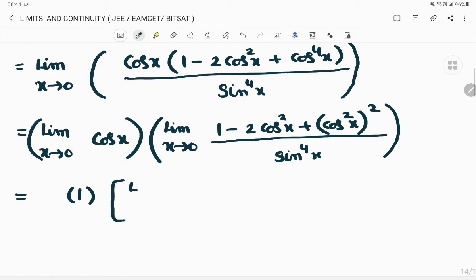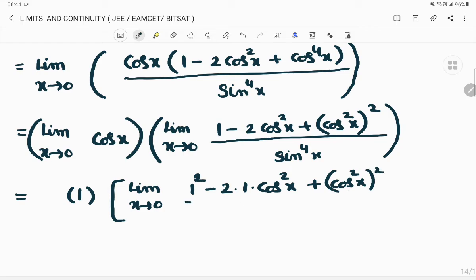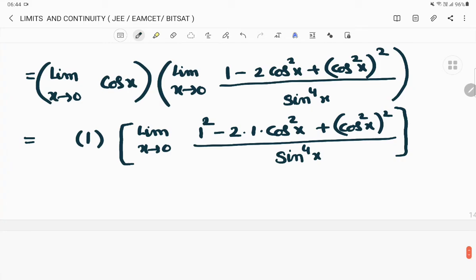In the next step, the numerator value is going to be one of the expansions, a plus b or a minus b whole square. See, first 1 can be written as 1 square minus 2 into 1 into cos square x. Second term plus cos square x whole square, divided by sine power 4x. That is a square minus 2ab plus b square. So it is the expansion of a minus b whole square now.